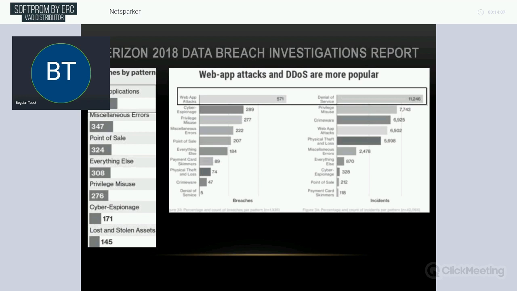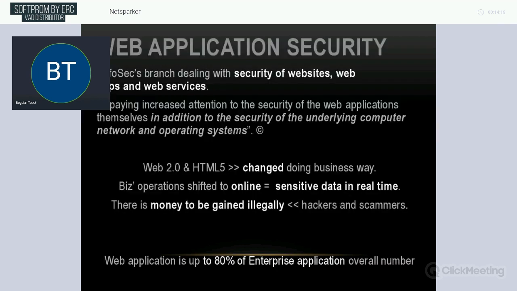It said that web applications today are widespread in all areas of business and communications. Web application security is a very new branch of info security dealing with the security of any kind of web services, web applications, websites, and overall anything where web technology is used.